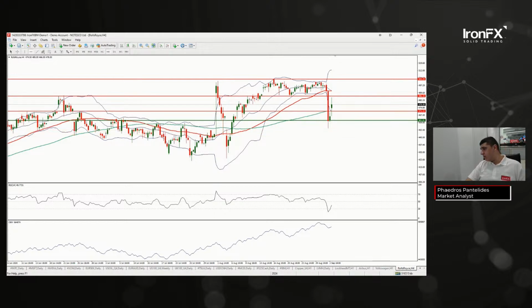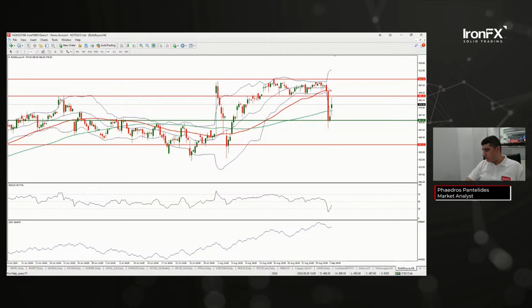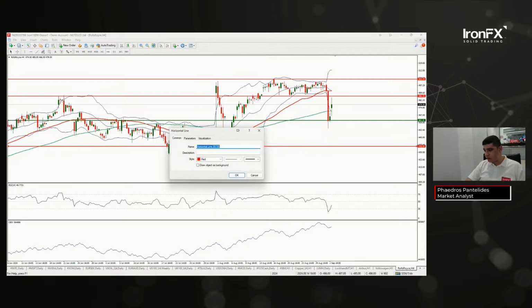So we've left about $7. So we're looking at something at $453 per share for Rolls Royce for our next support level, if it coincides with the price action. This for me would be a support level, 435.95.